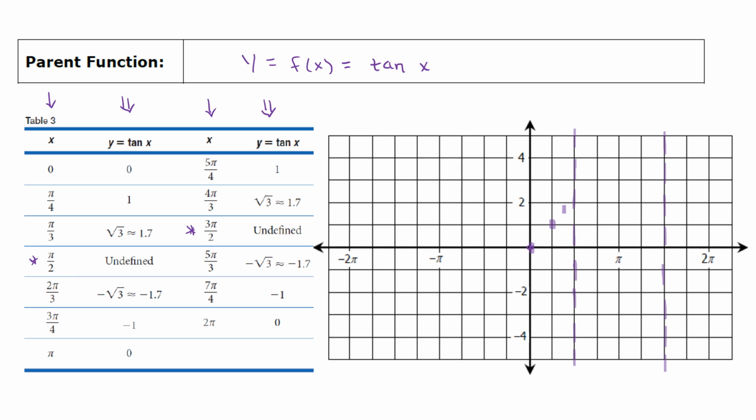Then we have undefined, then we have negative 1.7, so roughly in here. Then we have negative 1, then 0, then 1, then 1.7, then undefined, then negative 1.7, negative 1, and 0.